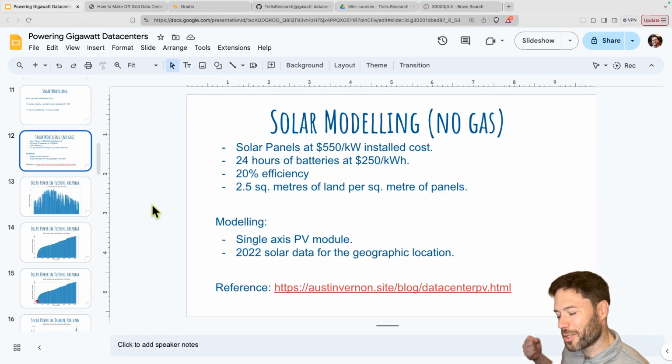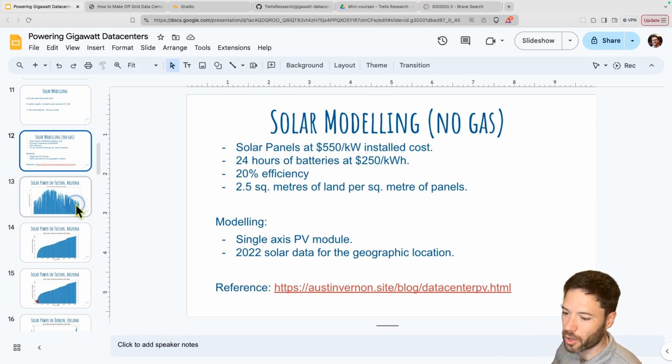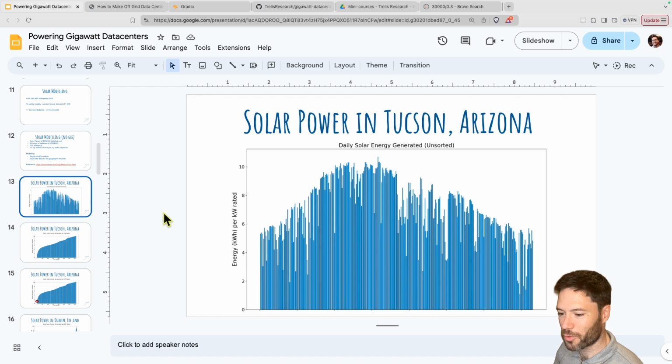Now, to understand the power that we will get from this set of PVs, we need the hourly data. I already mentioned that. Here, for example, is the hourly data for Tucson, Arizona, which is a very sunny place in the US. And you can't actually see the y-axis, but it's the days across the year.